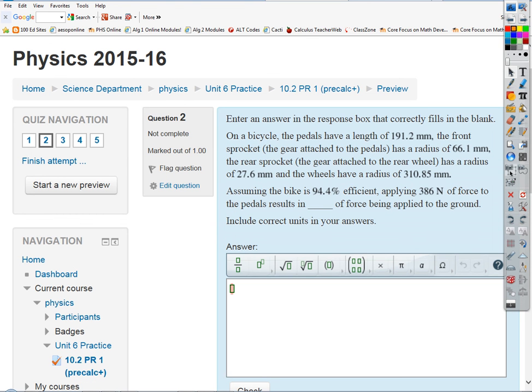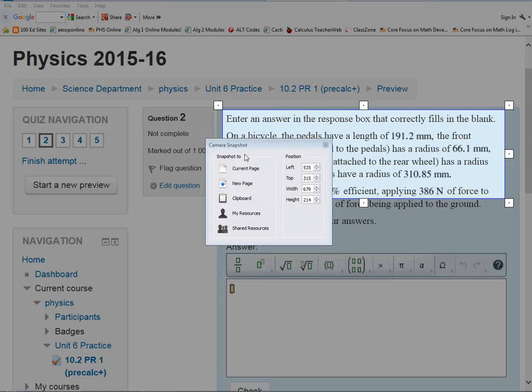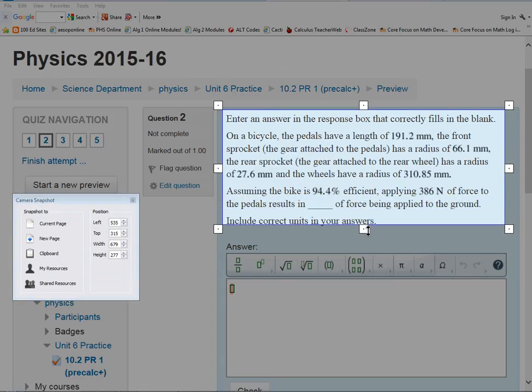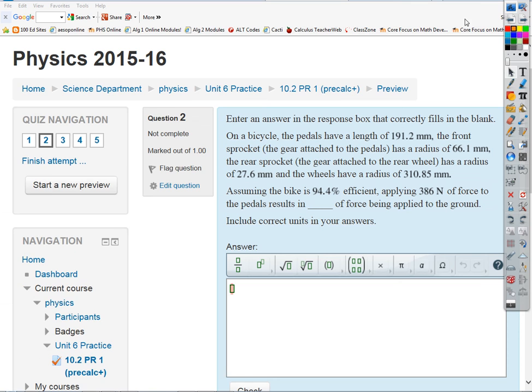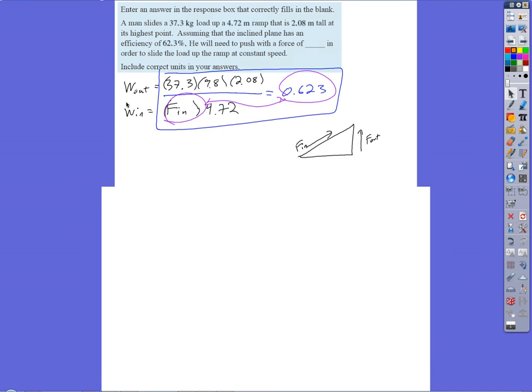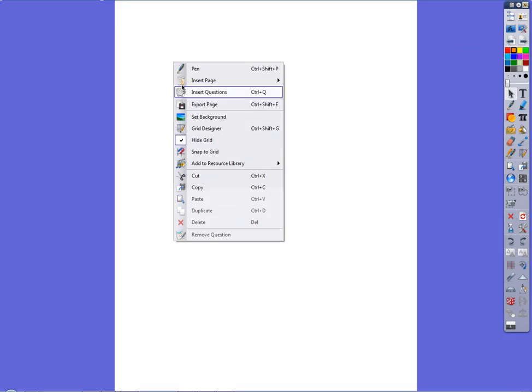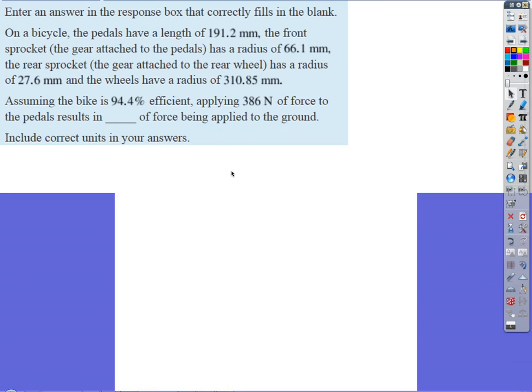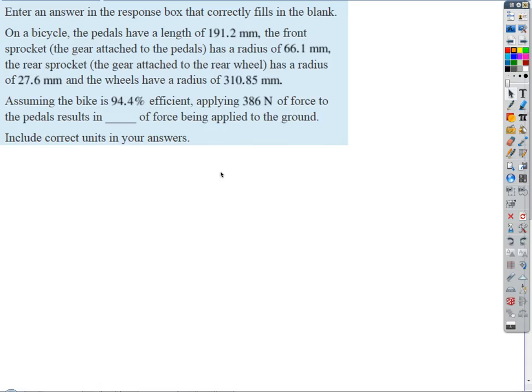Okay, so number 2. The moral of the story on this one is that when you want to calculate the mechanical advantage of a compound machine, you just take the products of the mechanical advantages of the simple machines that build it, right?